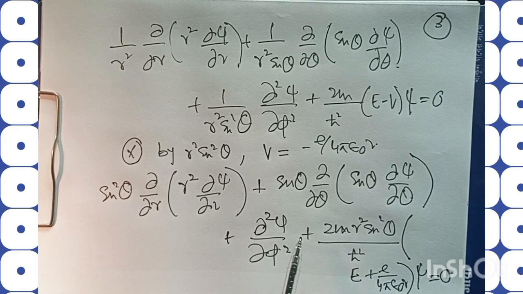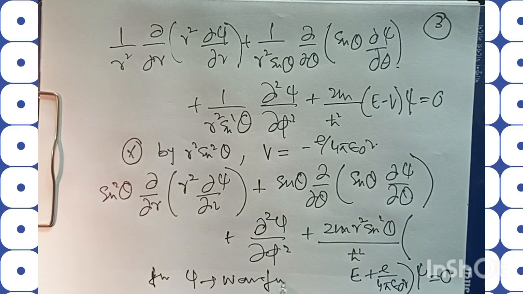So we have an equation here, and certainly this equation is the partial differential equation for the wave function psi for an electron in a hydrogen atom.